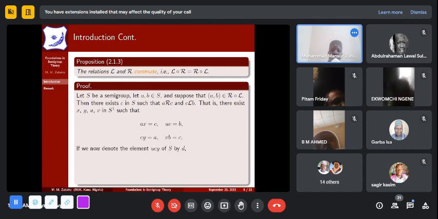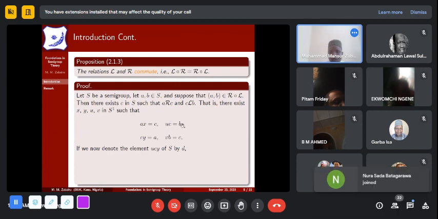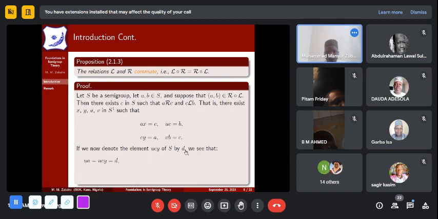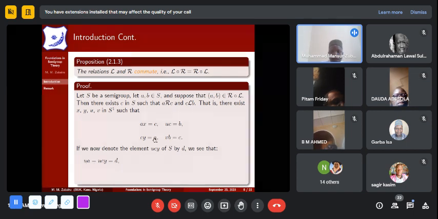Now we can denote the element ucy of S. Of course, this element is in S because uc is in S, and y is also in S. So if you multiply u, c and y, it will also be another element of S. So if we denote this ucy of S by d, then one can see it from here.